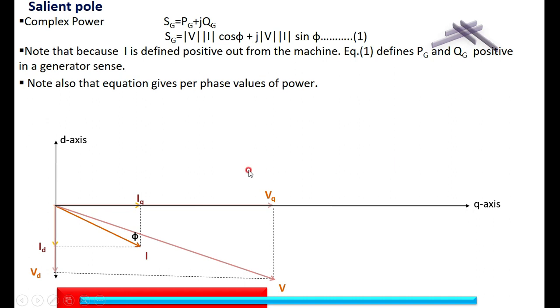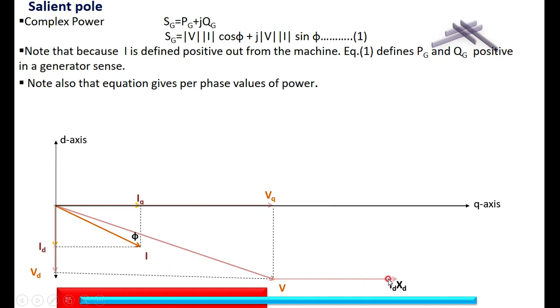Now, to get the total generated voltage E, to V I add IDXD, the drop due to the direct axis reactance, and to that I add the quadrature axis reactance drop, IQXQ. Look here: to V, I am adding IDXD.